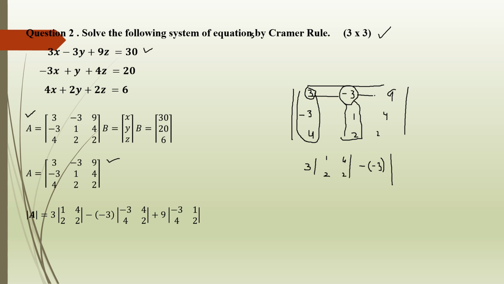Then the remaining elements are minus 3, 4, 4 and 2. And similarly take 9. Here I already took the first element, which is 3, so we will write here 1, 4, 4, 2 and 2.